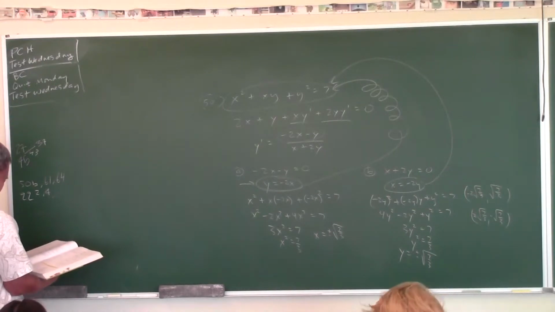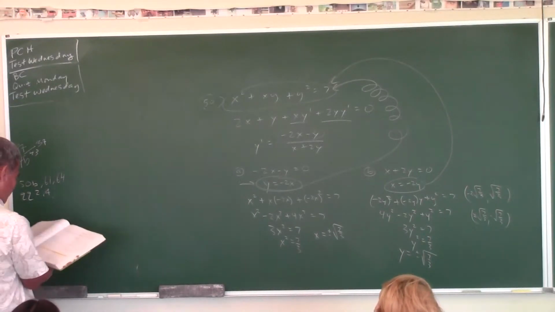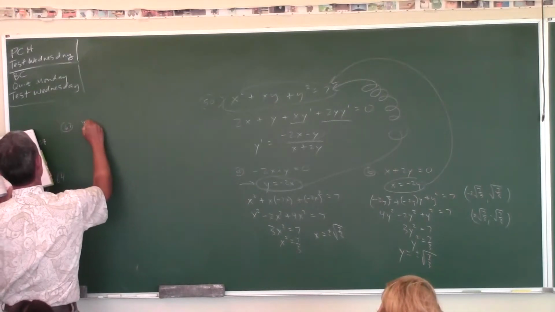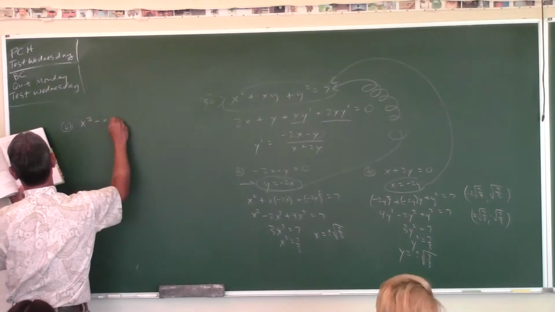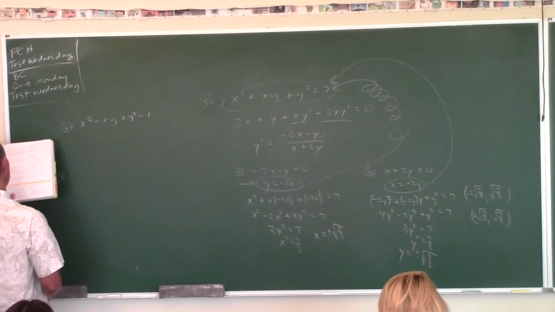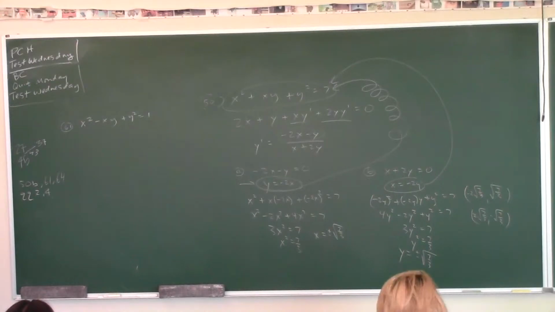61. Multiple choice. 61. It says use the curve x squared minus xy plus y squared is 1. Which of the following is equal to dy/dx? All you gotta do is do implicit differentiation.